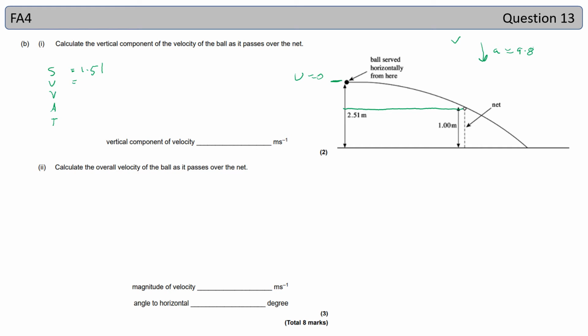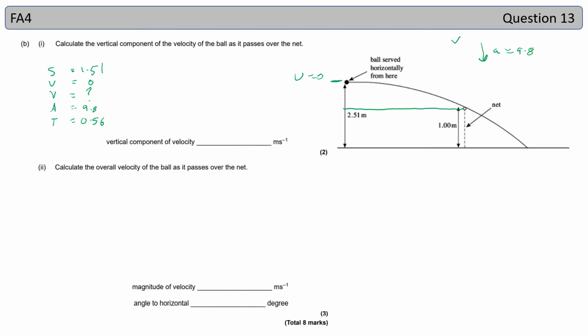Our u was 0. Our v, we still don't know. That's what we're trying to find. Our a is 9.8. And this time we now have the t as well. That's our 0.56 that we calculated in the previous question.